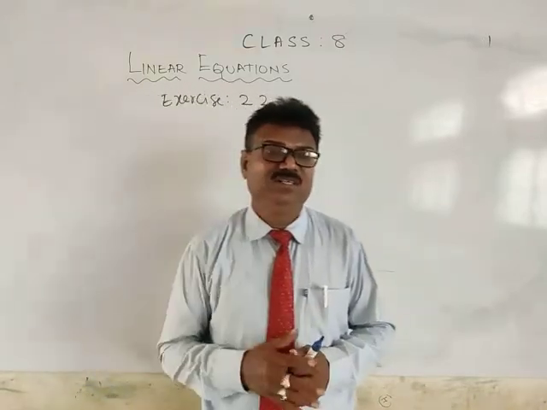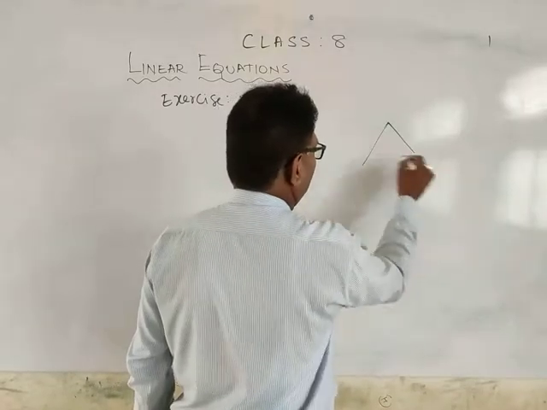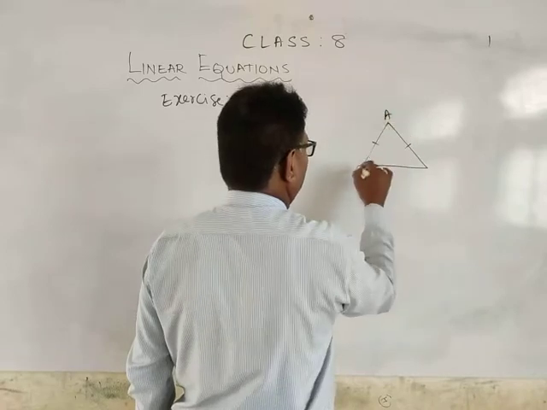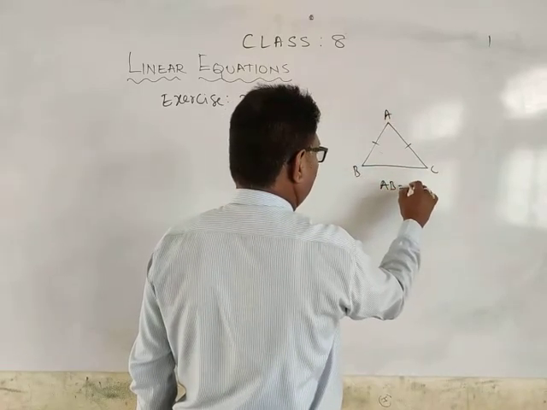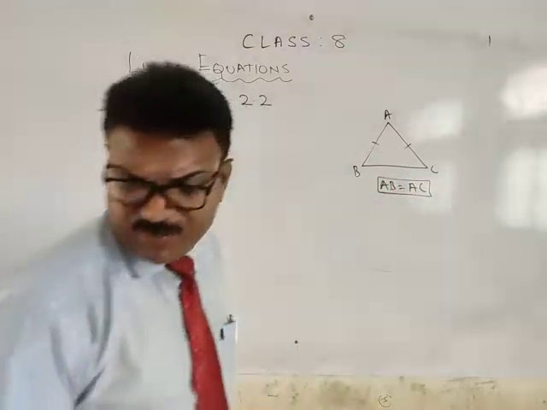So 3 sides are in a triangle. If you take, these 2 sides are equal, AB, AC. That means AB will be equal to AC. This is an isosceles triangle. Now what happens?